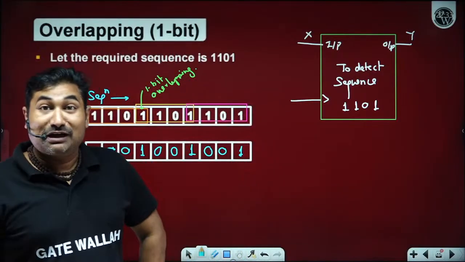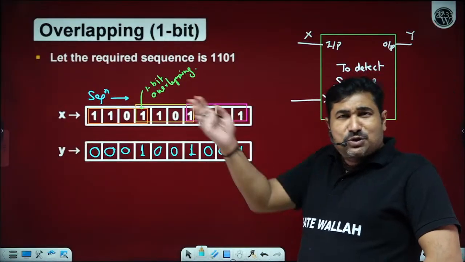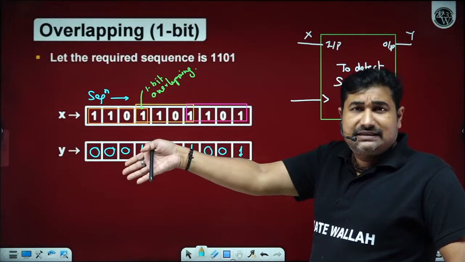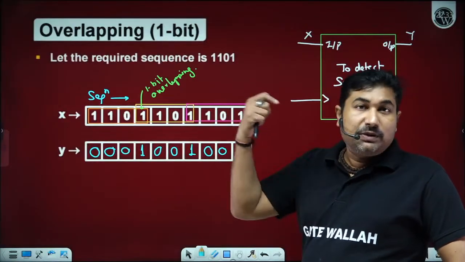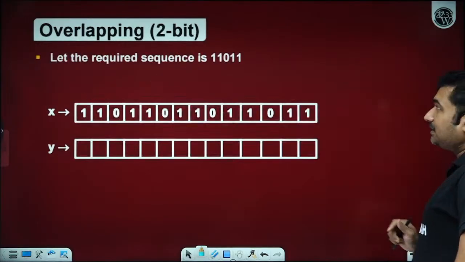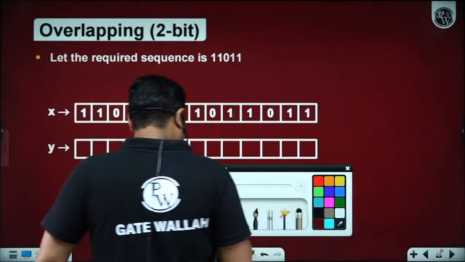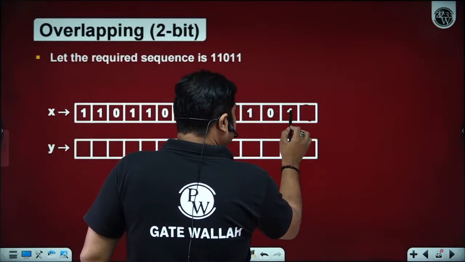If you know 1-bit overlap, you know 2-bit overlap as well. What is 2-bit overlap? The last 2 bits of the last sequence detected become the first 2 bits of the next sequence. That is a 2-bit overlap. Let's discuss the 2-bit overlap. What happens in case of a 2-bit overlap?